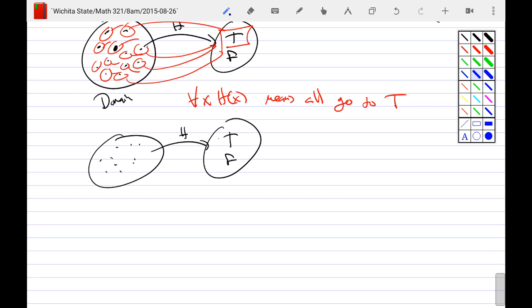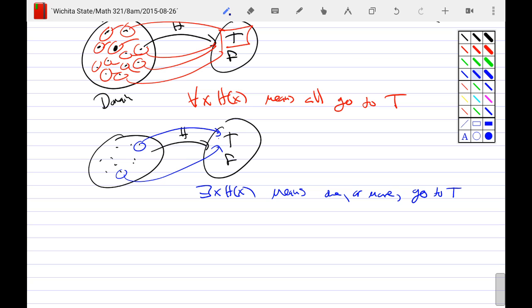And I don't know which. I would have maybe this one goes to true and maybe this one goes to true. Existential means one or more go to true. Is everybody okay with the arrow diagram version of this?